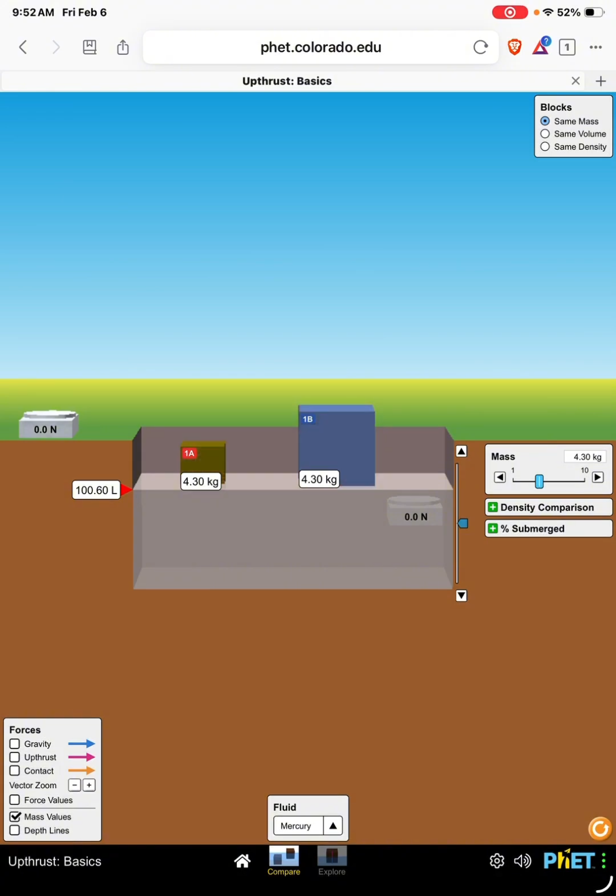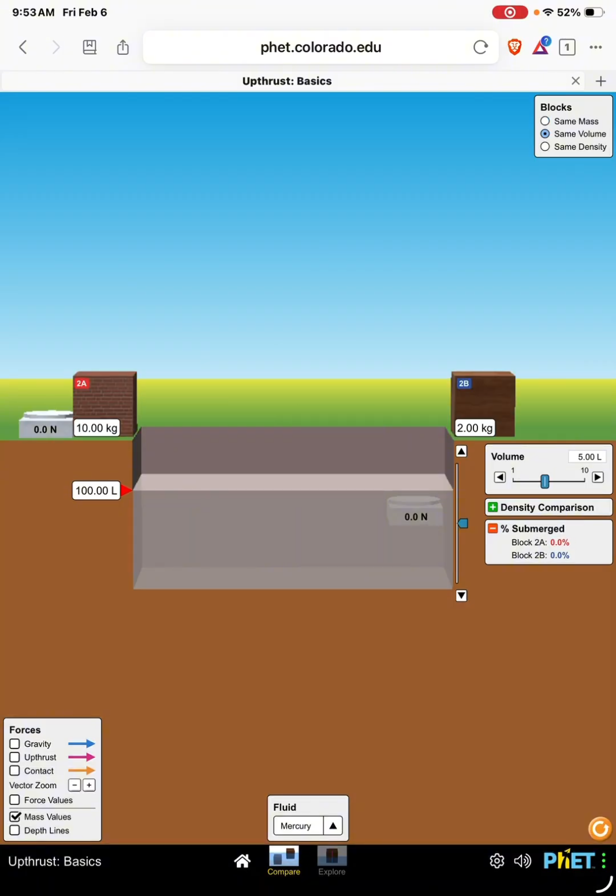Let's try to increase the mass. They still float. So they have the same mass. Let's do same volume. And this is back to what I was telling you, that the volume plays a huge role. Let's see. It still floats.